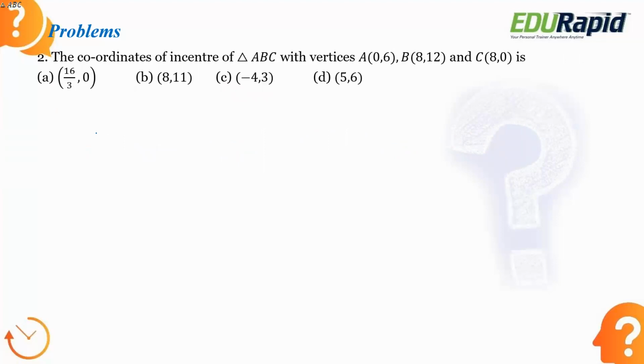The coordinates of the incenter of a triangle ABC with vertices A(0, 6), B(8, 12) and C(8, 0) is, how do we find it?